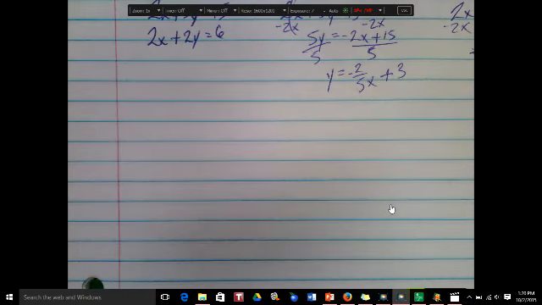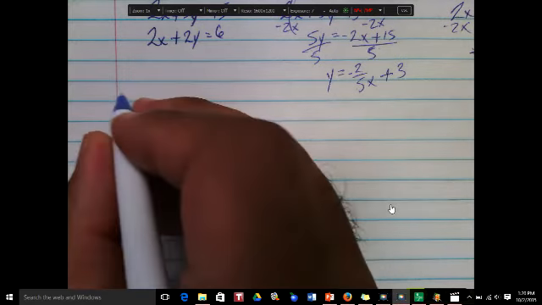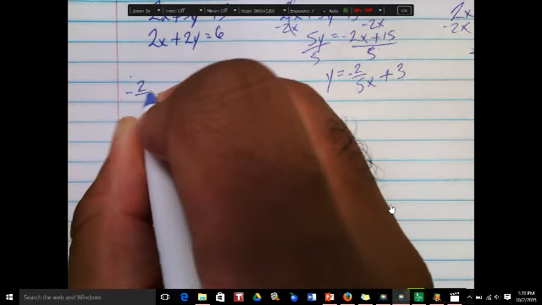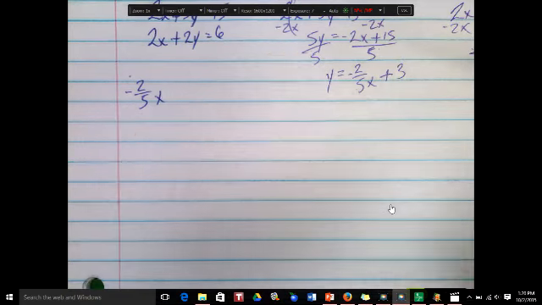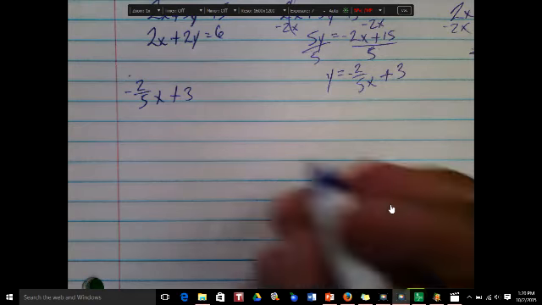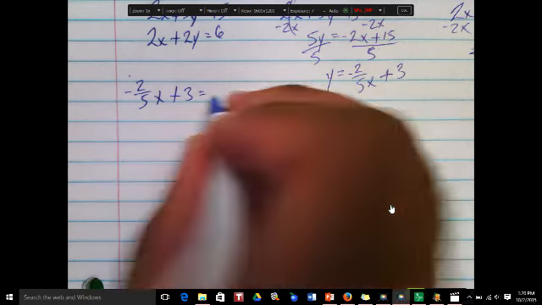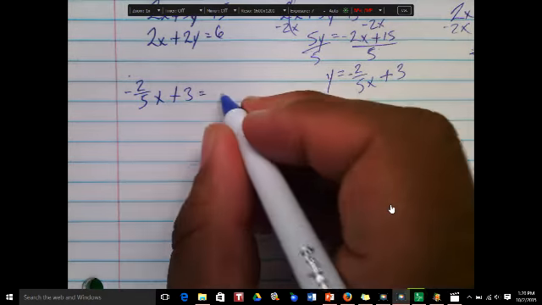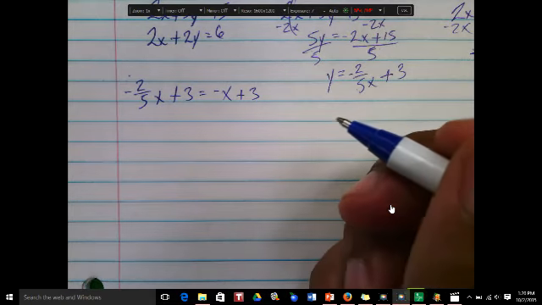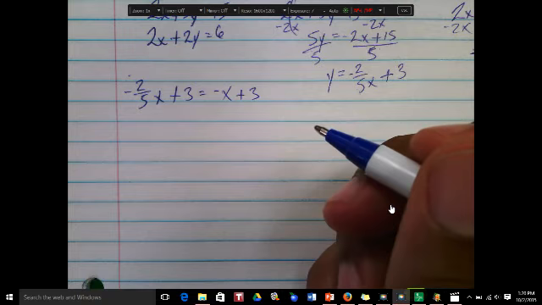Step 2 is we're going to set them equal to one another. So we're going to have negative 2/5 x plus 3 is equal to negative x plus 3. Okay, that's the way we do that one.